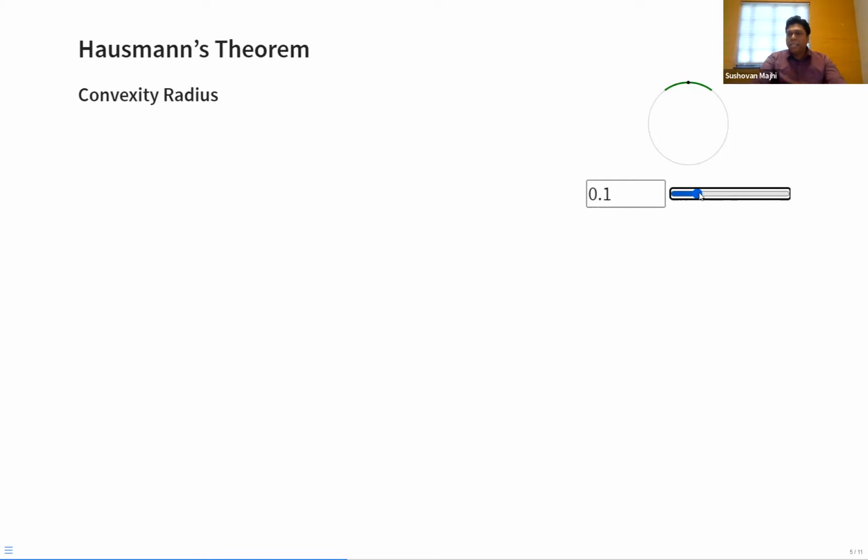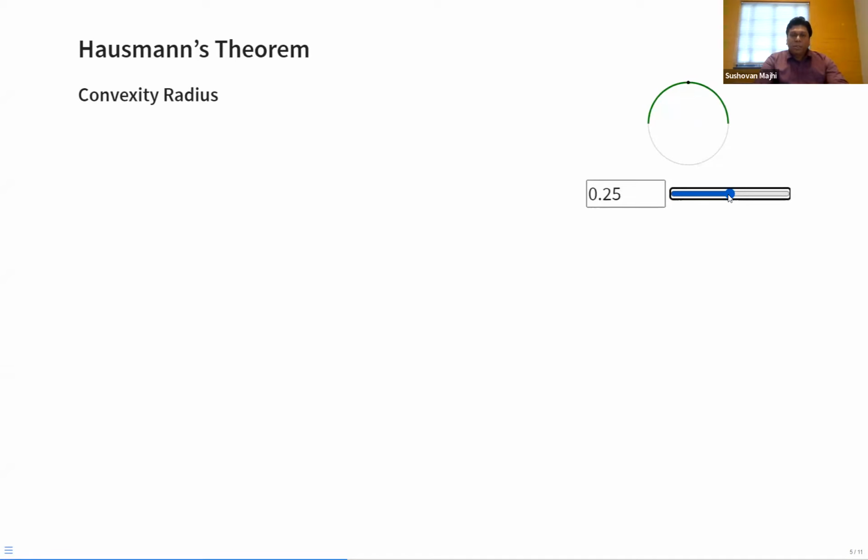But things will change if you keep growing the radius of the ball. And now I still probably have a geodesic metric ball. You can still, if you take 2 points and try to connect them, you'll find a unique geodesic passing through the circle pretty much within the green arc. But when you are, again, this is an open ball, right?